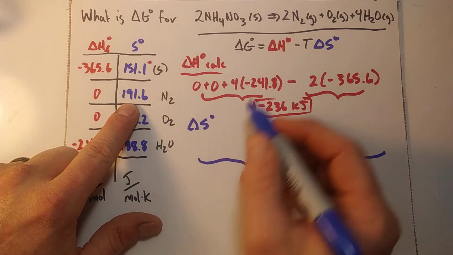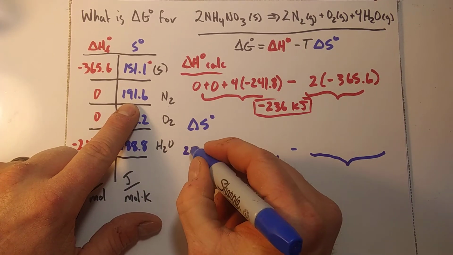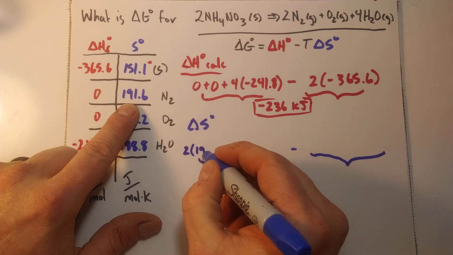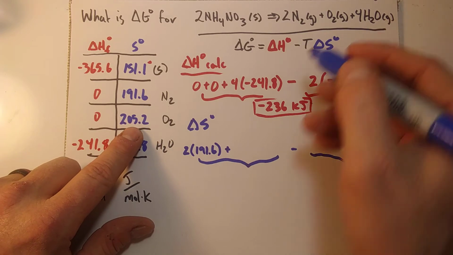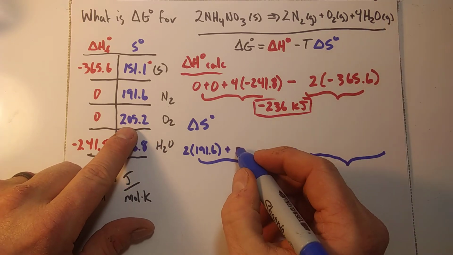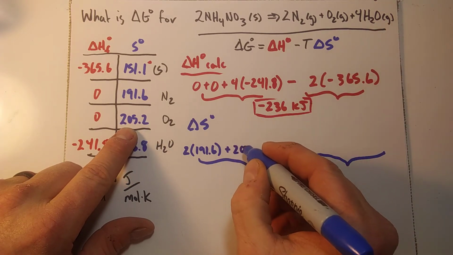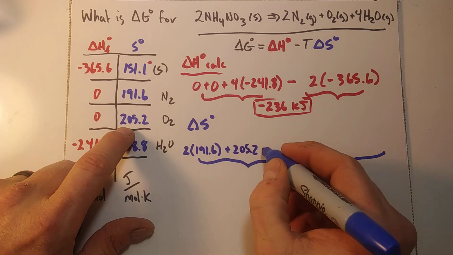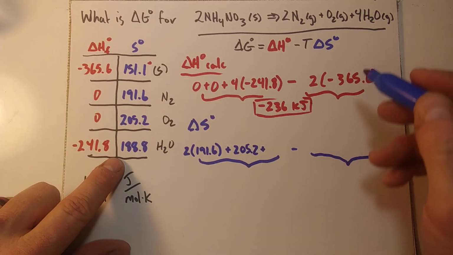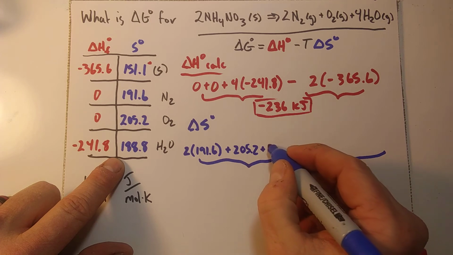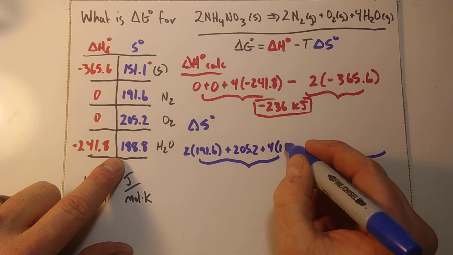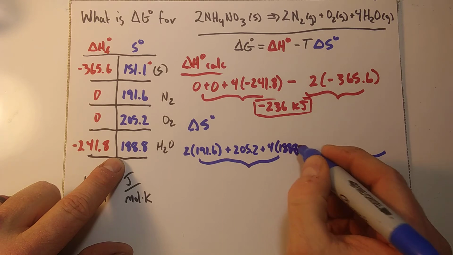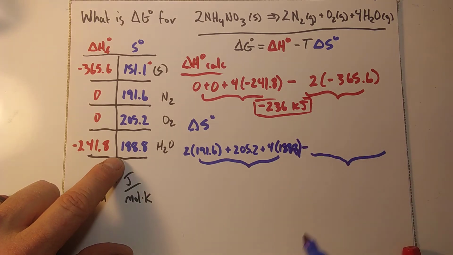So the nitrogen first is 2 times 191.6 plus the oxygen. We only have one of those, but its entropy value is 205.2 plus, now we have 4 of these, 4 times that 188.8, and it looks like it just barely made it.